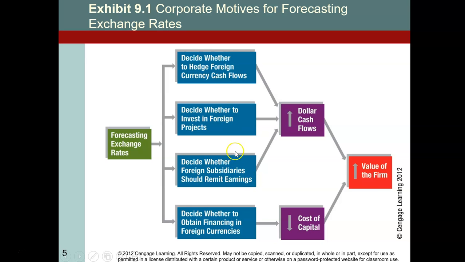Okay, for these 3 motivations, the firm would like to have higher dollar cash flow, so the firm value could be higher. And when the firm is trying to decide whether to obtain financing in foreign countries, the firm would like to have a lower cost of capital, so the firm value would be higher.